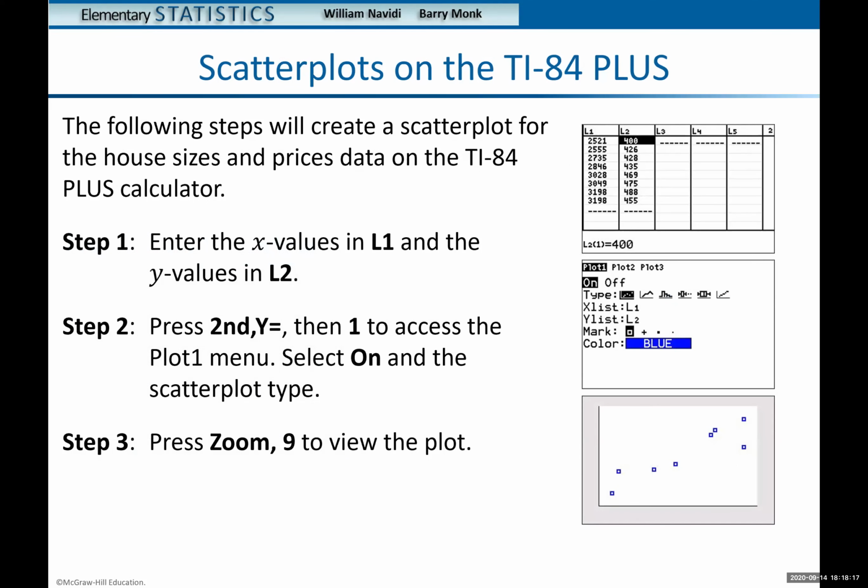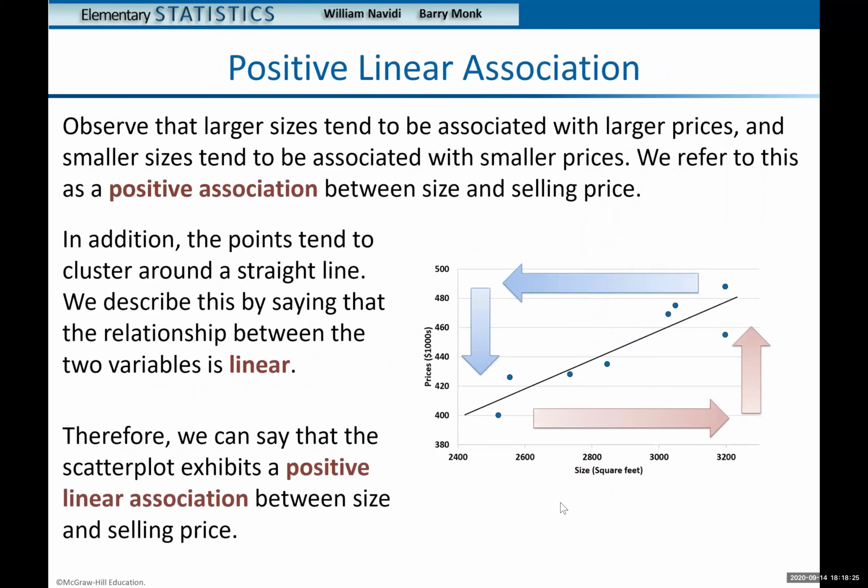So if you want to check this PowerPoint, these are the steps again for how to construct your scatter plot. Based on our scatter plot, you can see a positive linear association. So what is that? Observe the larger sizes tend to be associated with larger prices, and smaller sizes tend to be associated with smaller prices. And we refer to this as a positive association between size and selling price.